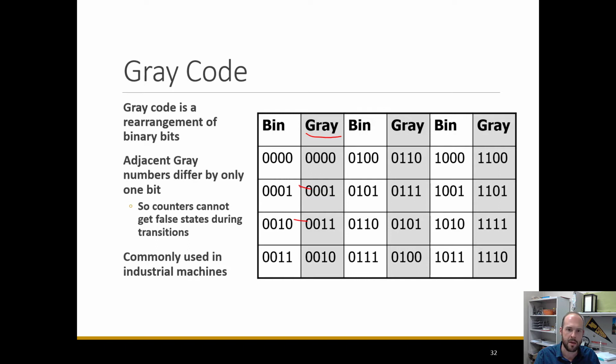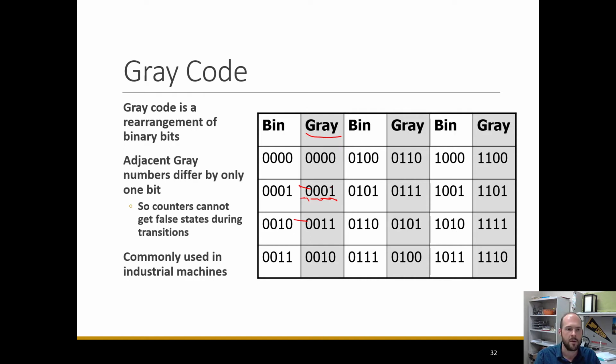So maybe this bit controls turning on your motor, this bit controls turning on your brake, this bit controls turning the power on to a second motor, and so forth, right? Bits could represent different physical operations in a factory setting. So gray code is made so only one thing happens at a time rather than switching multiple physical toggles.